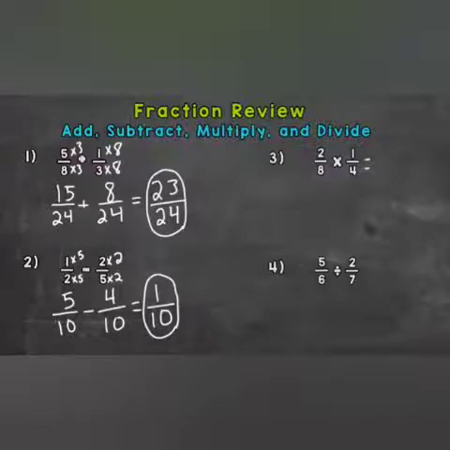So 2 times 1 is 2. And 8 times 4 is 32. So that's our answer. Now this fraction can be simplified. There's a common factor between 2 and 32, so we can break this fraction down. The common factor between 2 and 32 is 2.